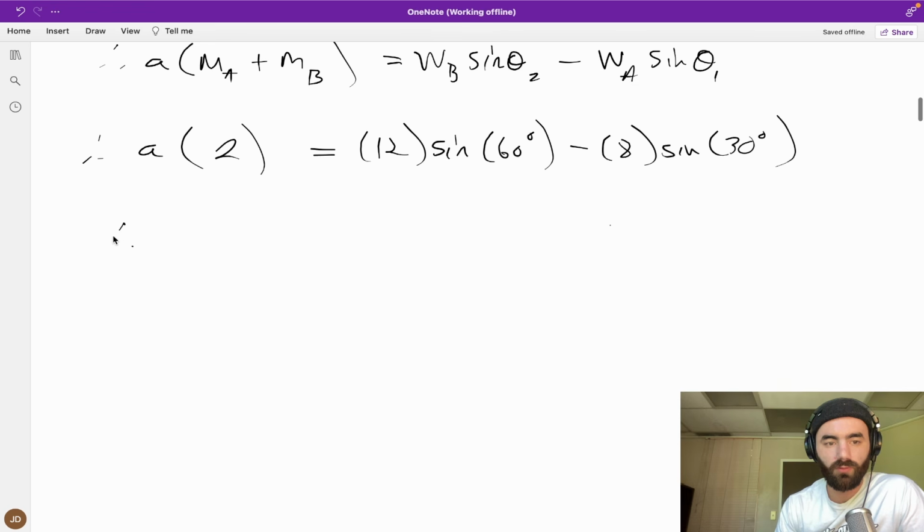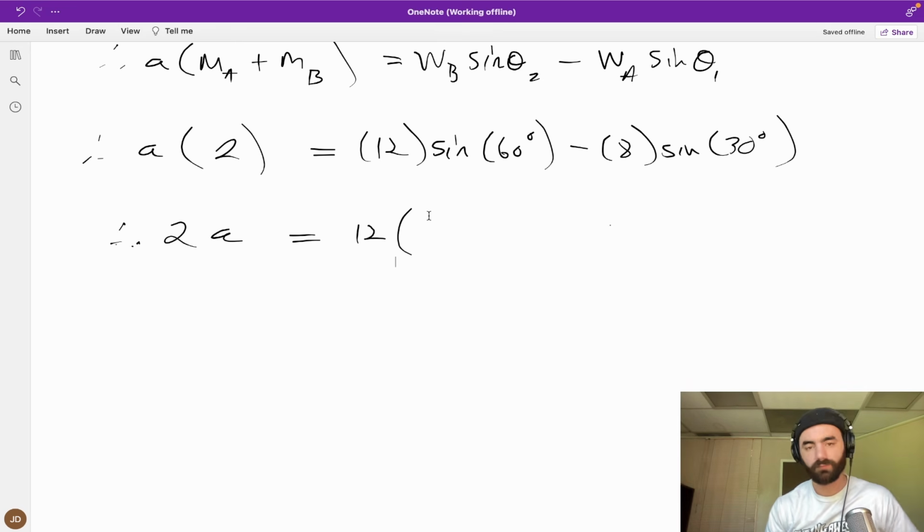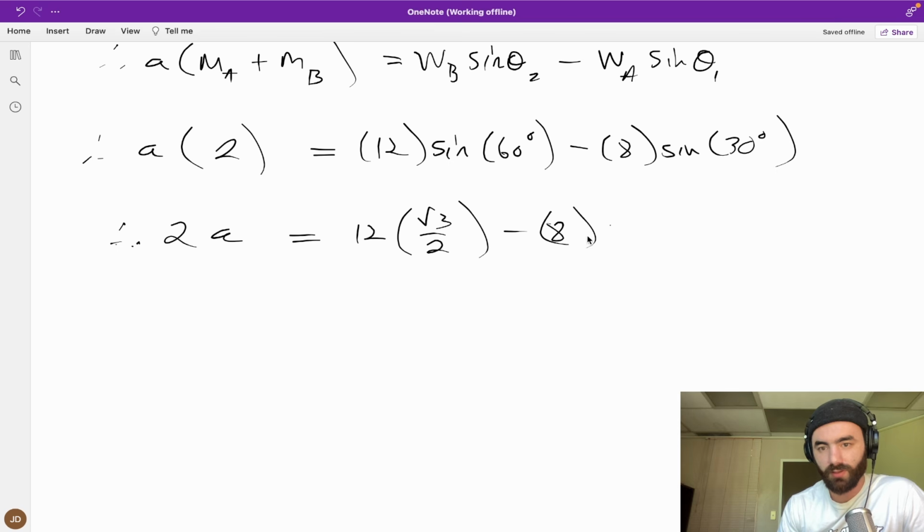Cool. What is this? Sine of 60 is root 3 over 2, and sine of 30 is a half. Check that.